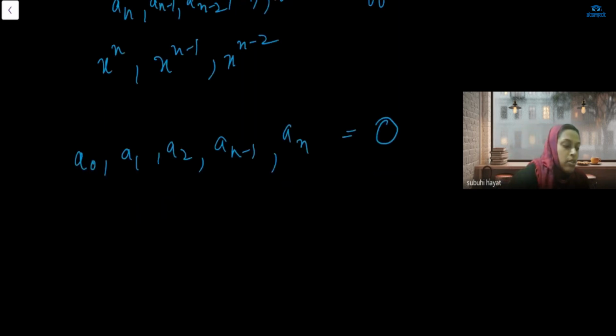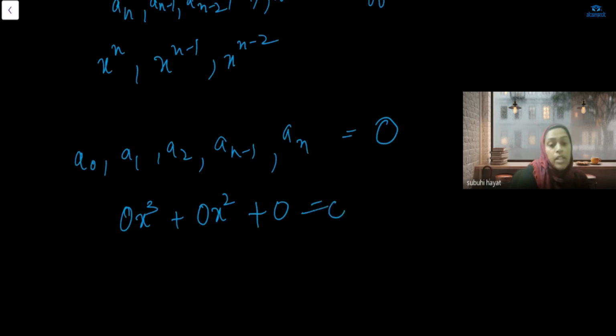Because if you multiply 0 x cubed plus 0 x squared plus 0, the whole expression becomes 0. So this is called a zero polynomial. Sorry, the degree of the zero polynomial is not known.